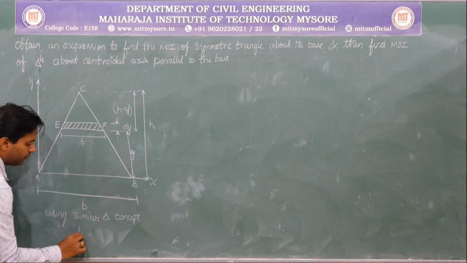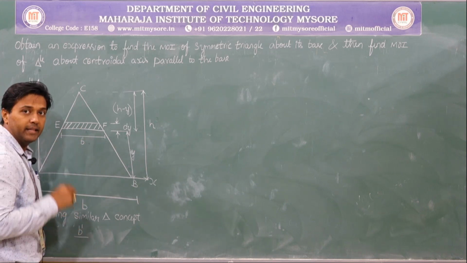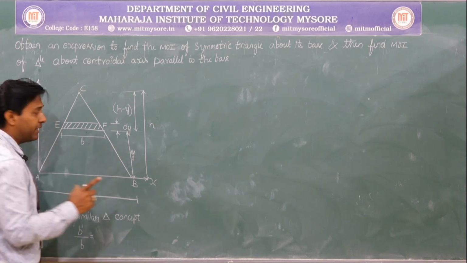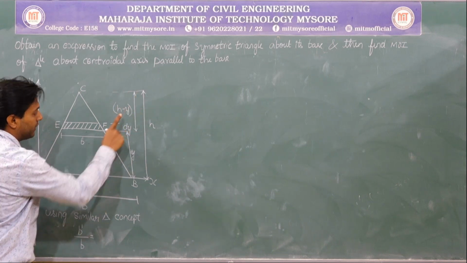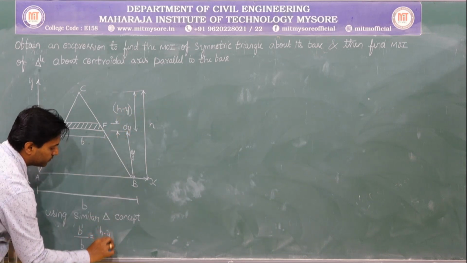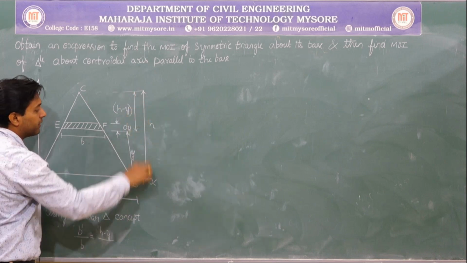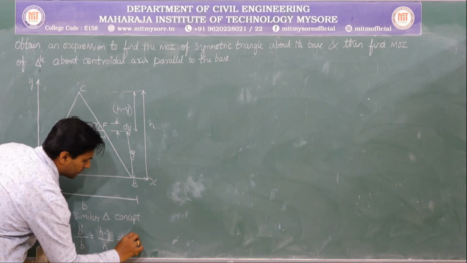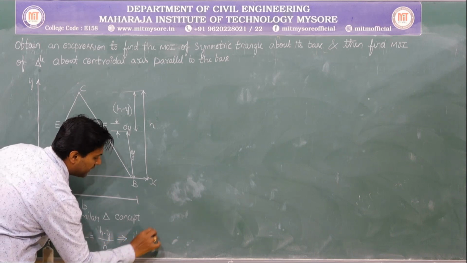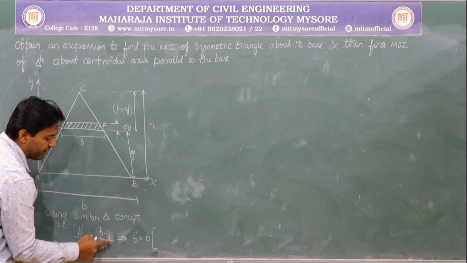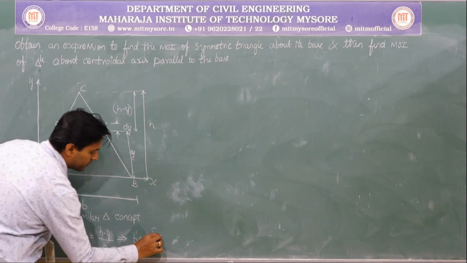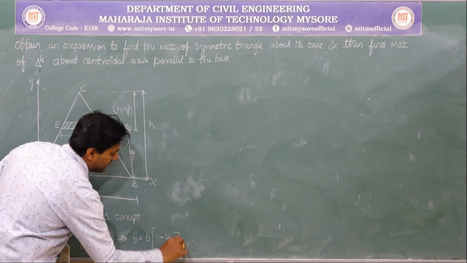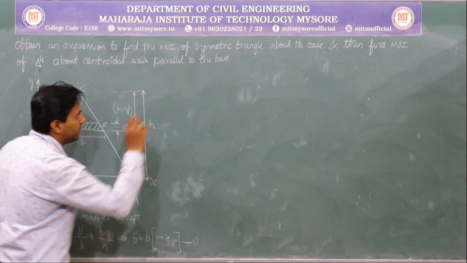Base of the smaller triangle divided by the base of the bigger triangle is equal to height of the smaller triangle, it is h minus y, divided by height of the bigger triangle, that is h. Let me rearrange it. So b dash will be equal to b into (h minus y) by h. What is h by h? It is 1. What is y by h? Let it be as it is. Let me call this equation 1 for time being.